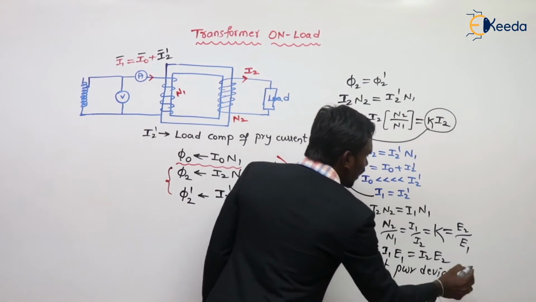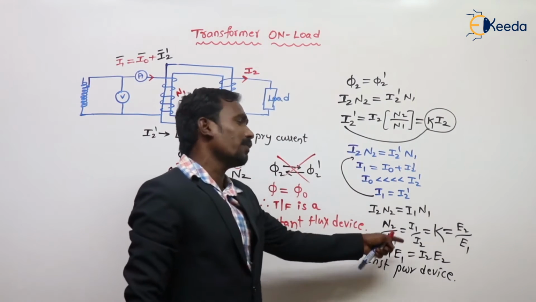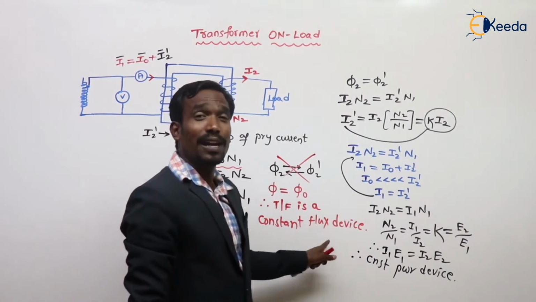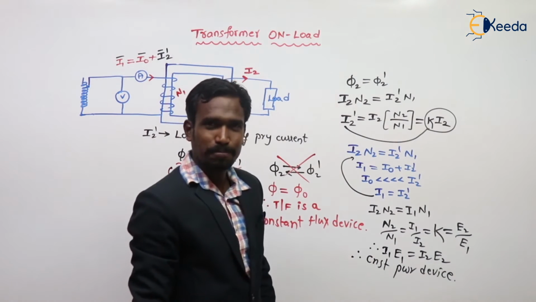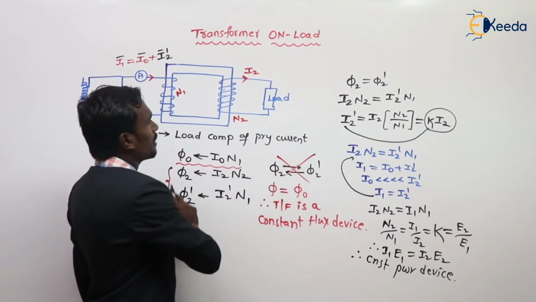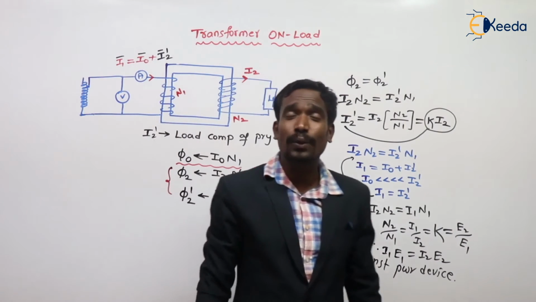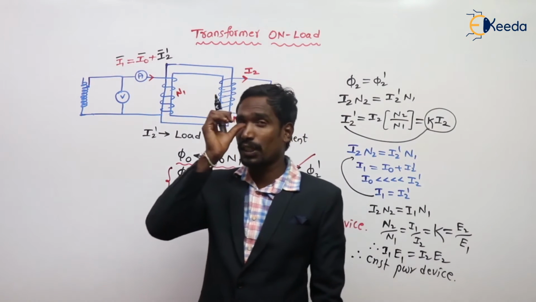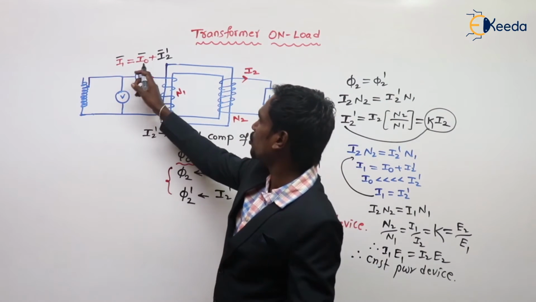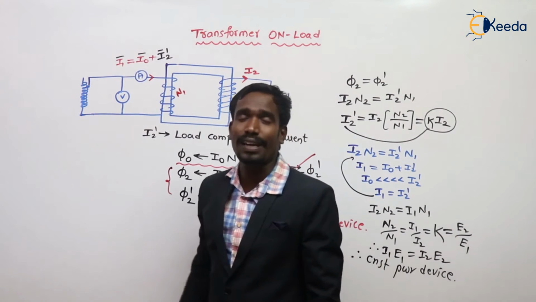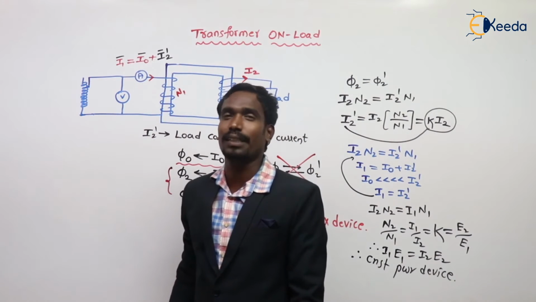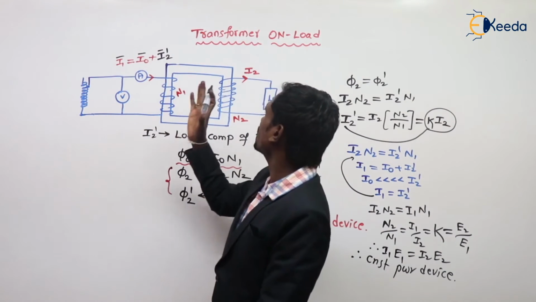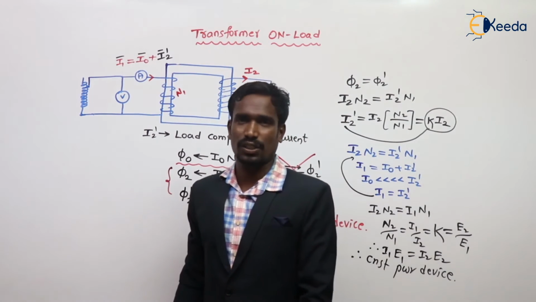The transformer is a constant flux device. This is simply the transformer at loaded condition. I1 is equal to I0 plus I2 dash, a vector sum, not an arithmetic sum. Right?